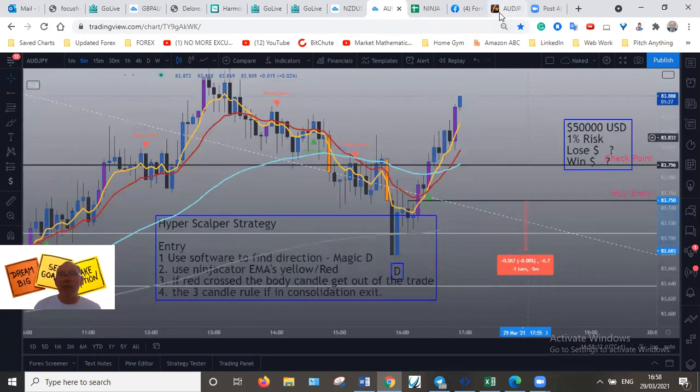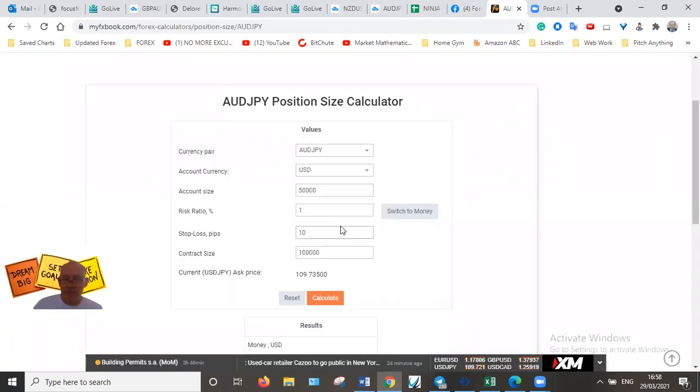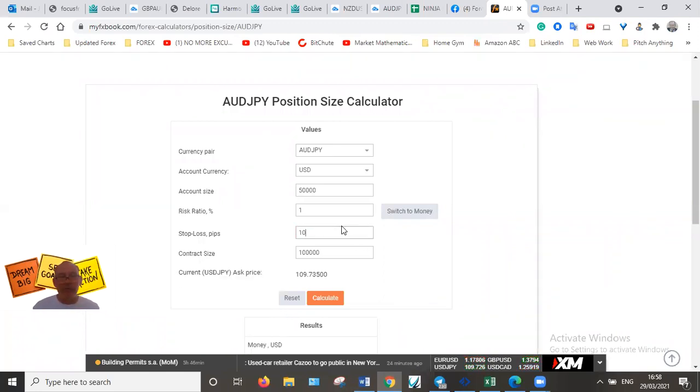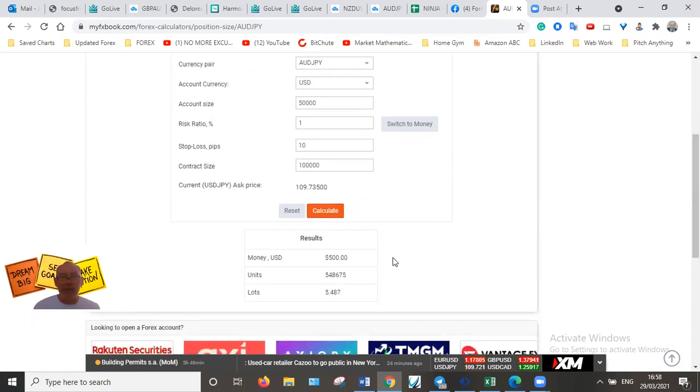Let's say 8 pips would be a true reflection, but let's keep it at 10 for nice round numbers. So we do this trade and you lose 10 pips, you lose $500.